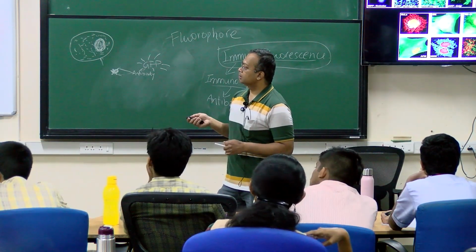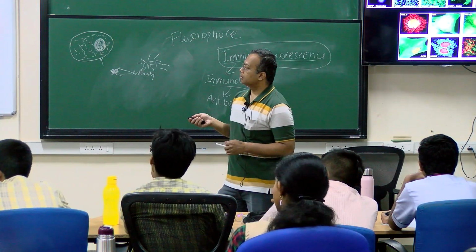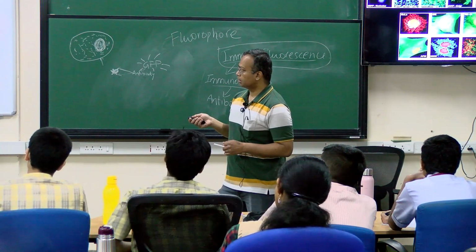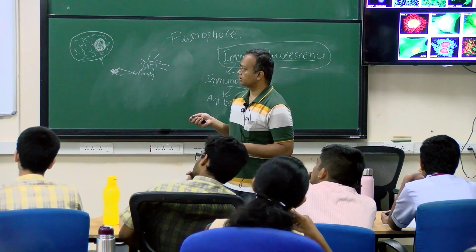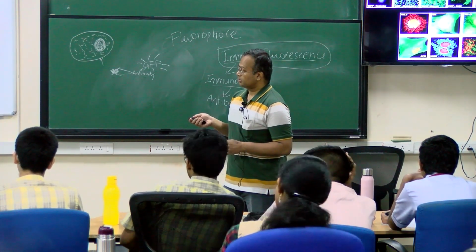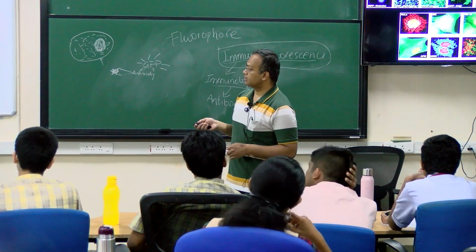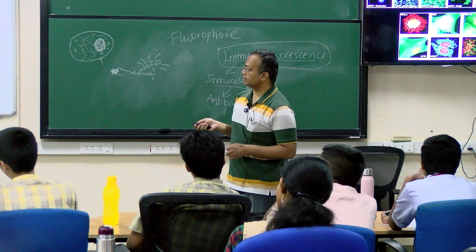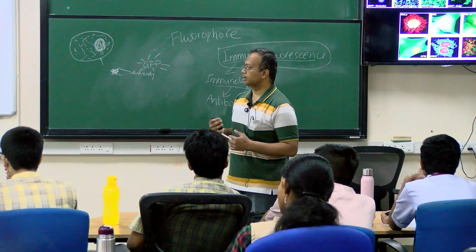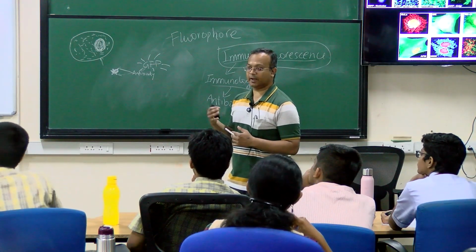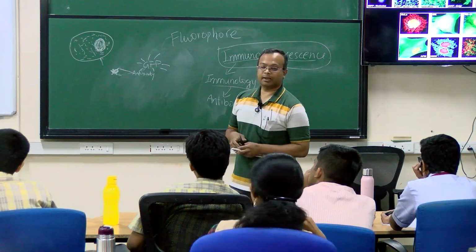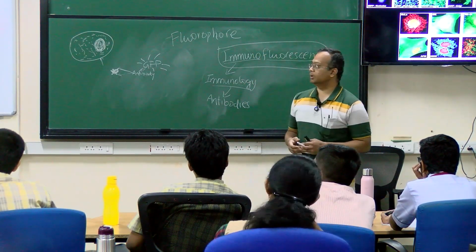Same thing here, the nucleus is in yellow, I think this is the ER, and then this cyan is another color and the ER is in red, or maybe the mitochondria is in red and the cyan is some other color. Okay. And then for example here you can see the nucleus is red in color, and these are actin filaments. These are like the cytoskeleton, the skeletal fibers that are there within the cell, so they are labeled in green. Okay. So you can see these different organelles within your cell.